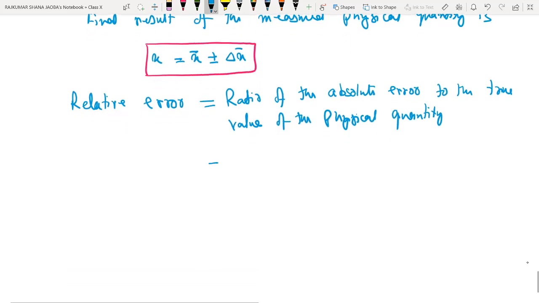That is absolute error divided by true value.